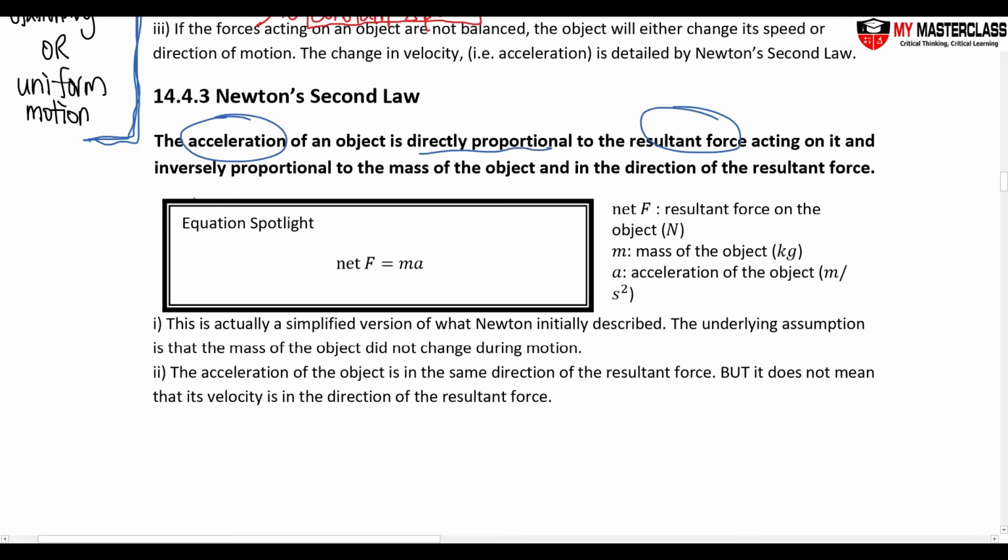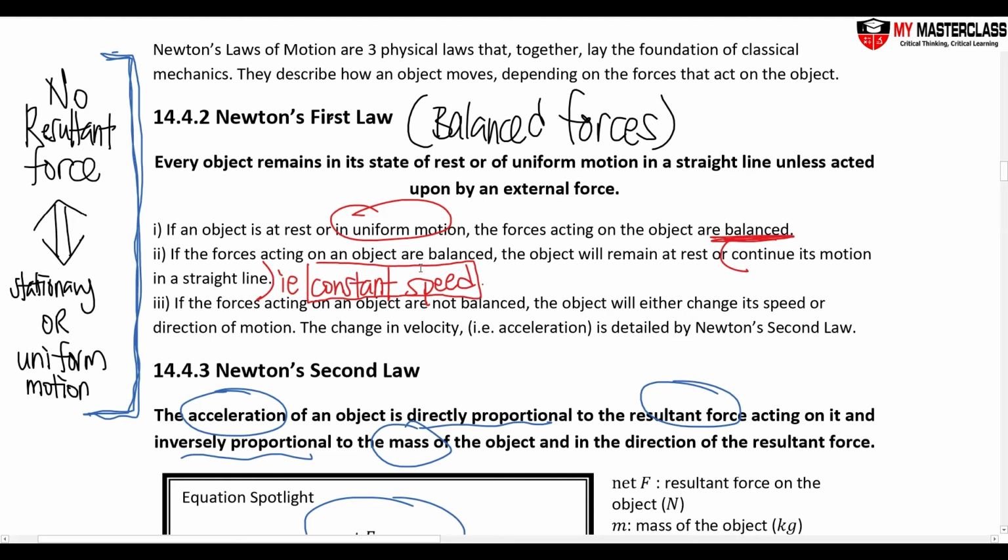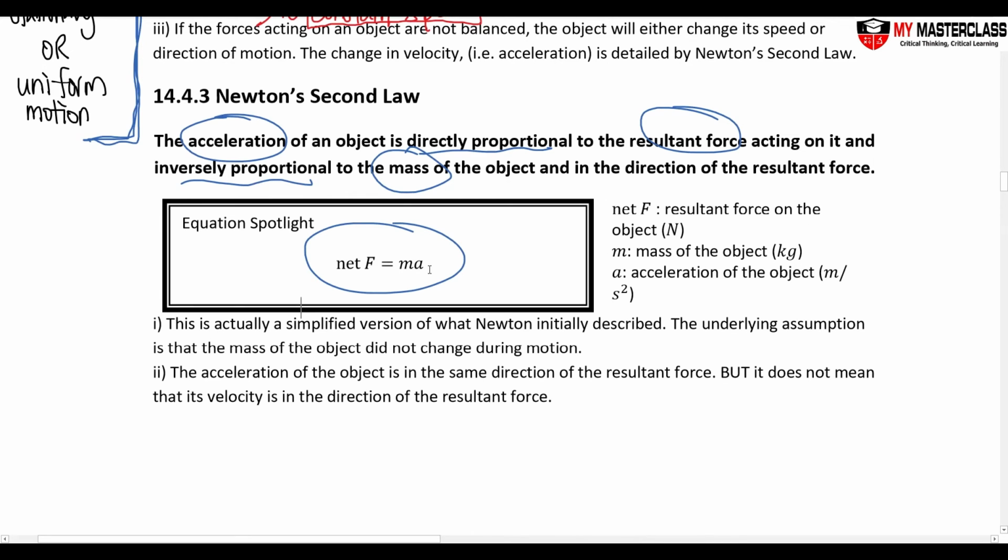Essentially this whole sentence is just a verbal translation of this formula. The net force, aka resultant force, will be the product of the mass and the acceleration. So the first law says if there is no resultant force, the second law says that if there is a resultant force, the object will accelerate, which means that the object's speed will change.